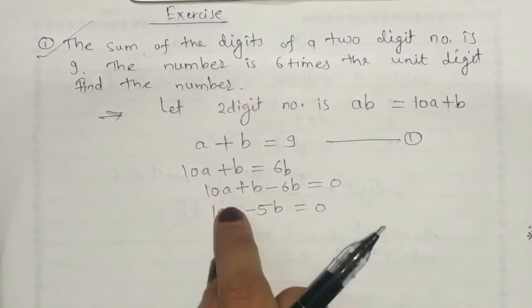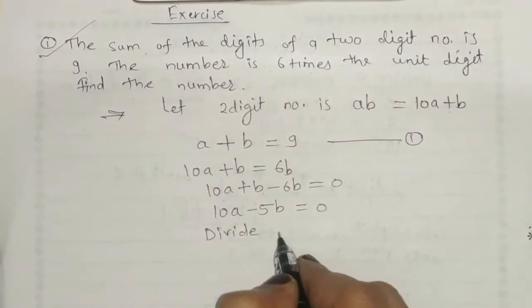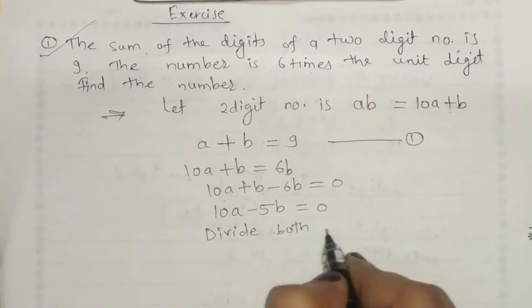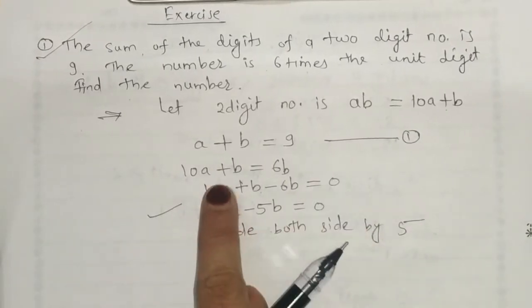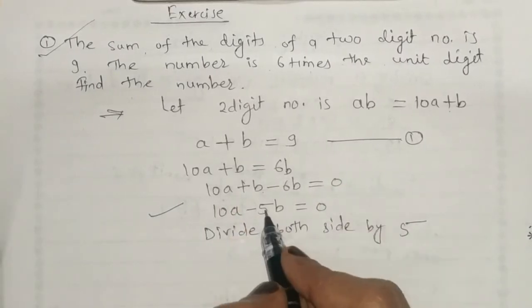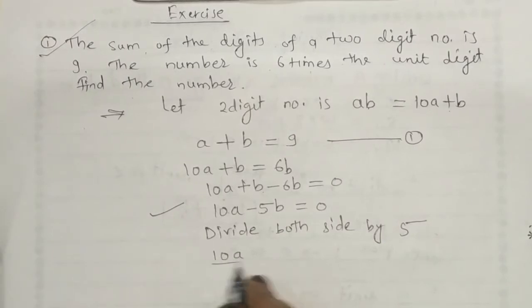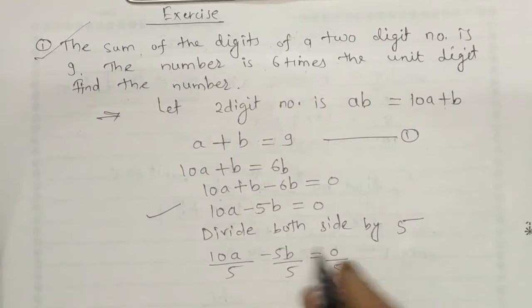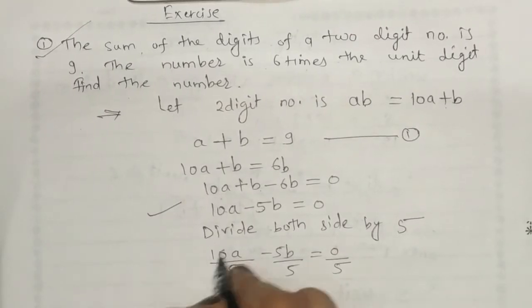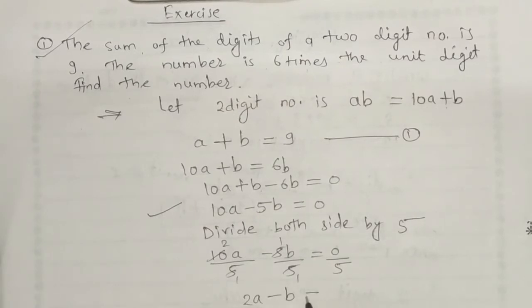We can solve it by dividing both sides by 5, because here there are multiples of 5 and it can simplify. So 10A by 5 minus 5B by 5 is equal to 0 by 5. Here 5 ones are and 5 twos are. So 2A minus B is equal to 0. We got equation 2.